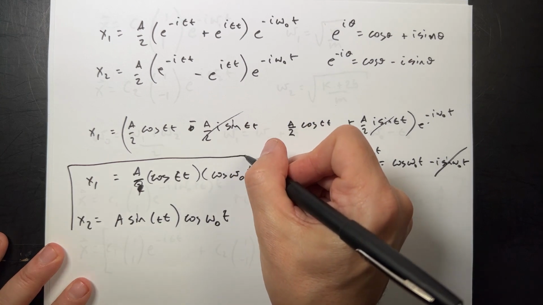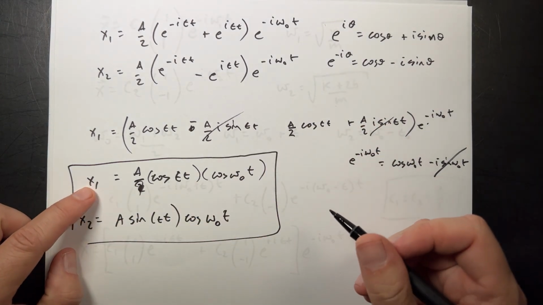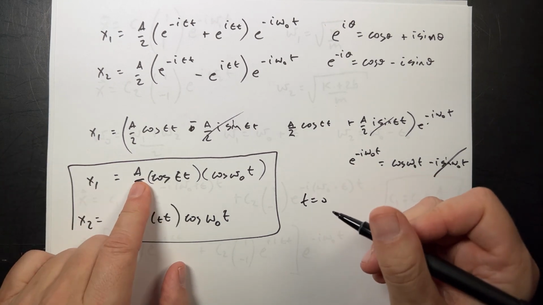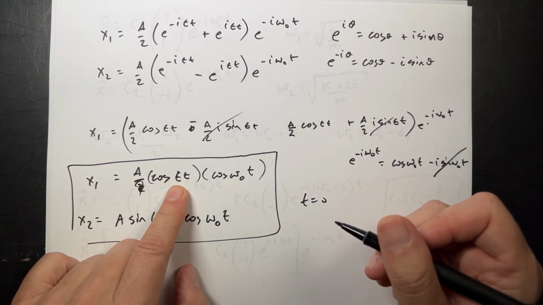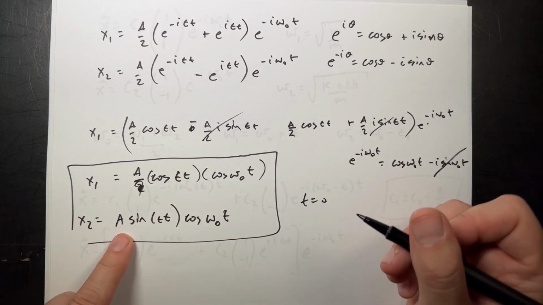So there I go. Let's imagine x1 at t equals 0. At t equals 0, this is going to have a position of A cosine of epsilon, some small amount, and this is going to be 1. This one's going to be 0.